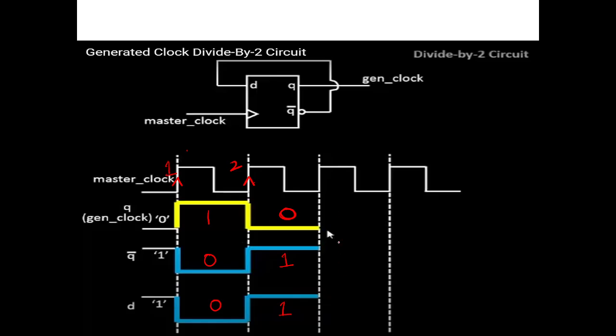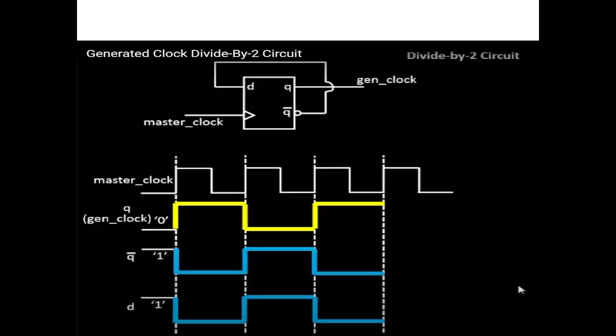During the third clock pulse, initially this is 1, 0, 0. Again this 0 will come here, this 1 will come here, and this is 1. At the third clock pulse this becomes 1.